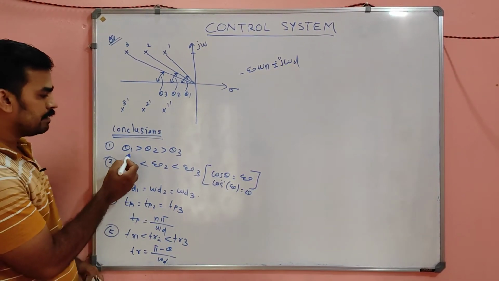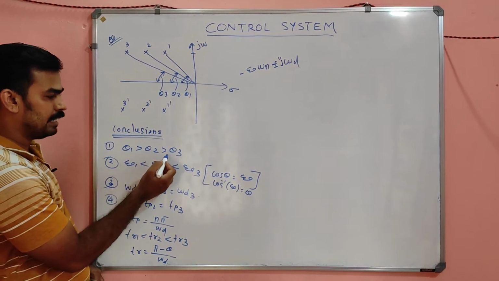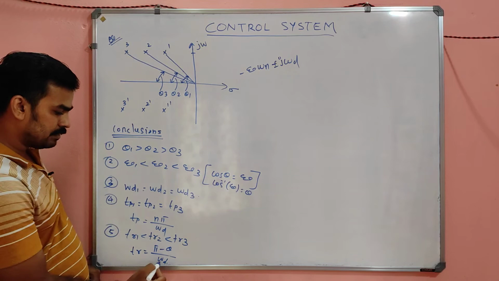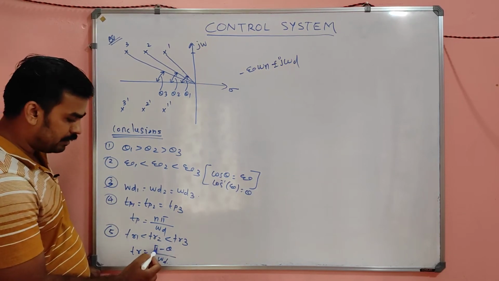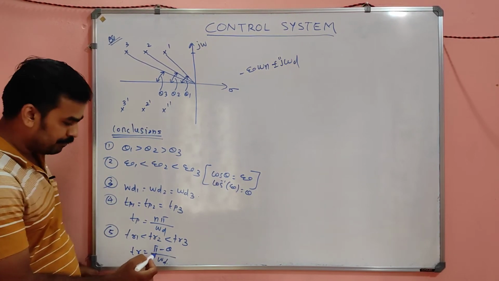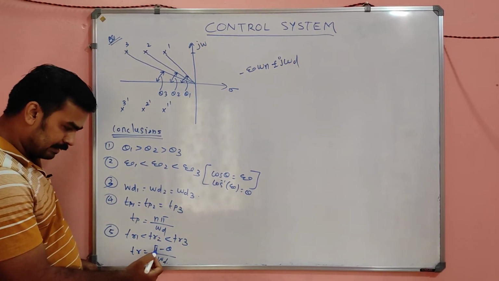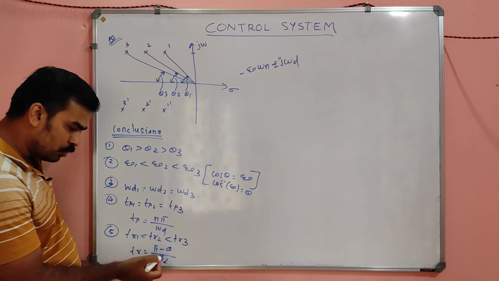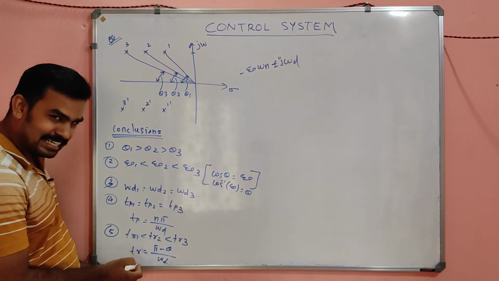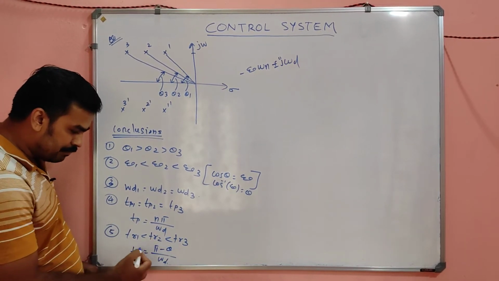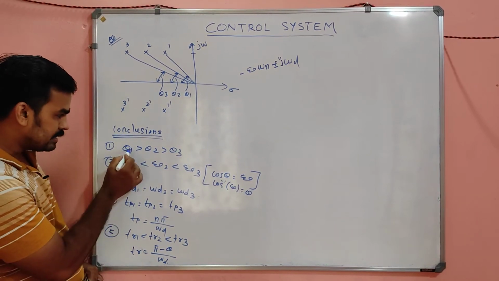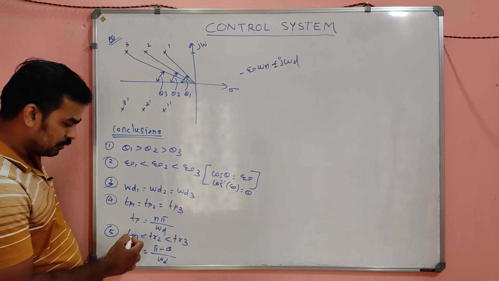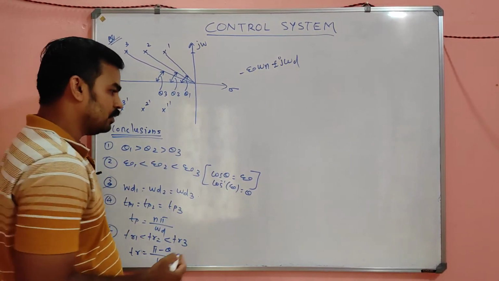We learned that theta 1 is maximum, theta 2 is less, and theta 3 is the minimum. When theta increases, what happens? The numerator decreases, na? When theta increases here in pi minus theta, the numerator decreases, which means TR decreases. So increasing theta means decreasing TR. So theta 1 being the maximum gives the smallest TR, and the opposite will be the increasing order. So TR1 less than TR2 less than TR3.